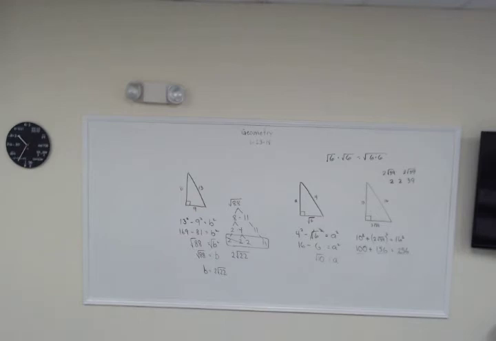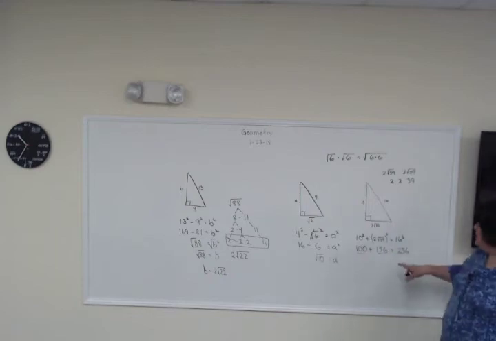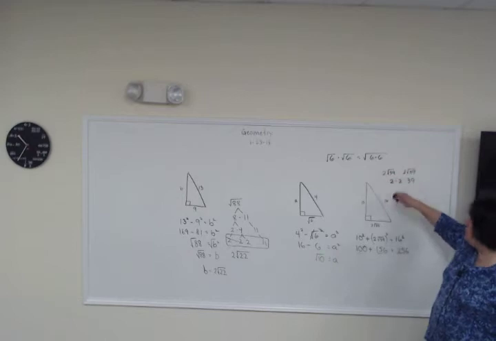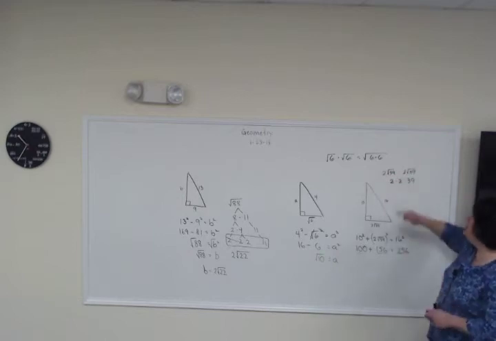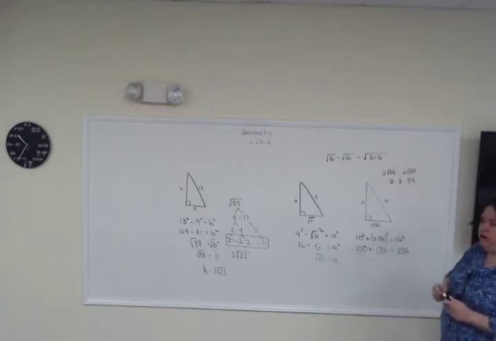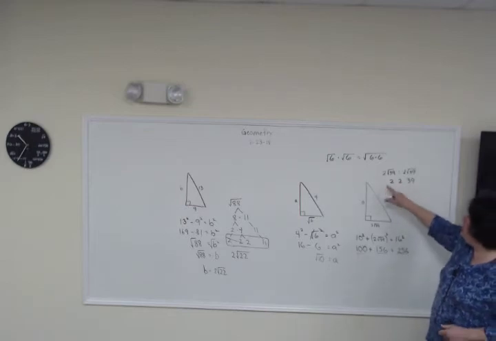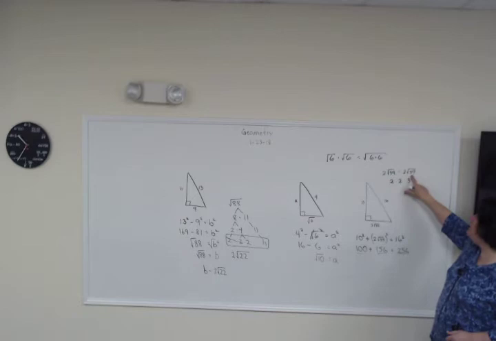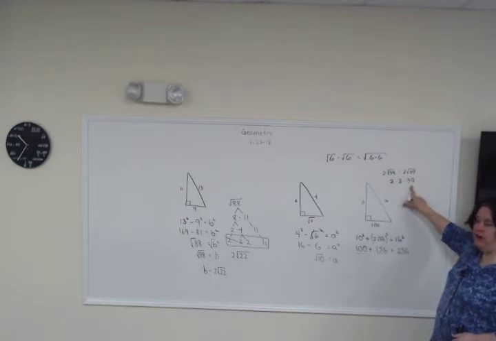What? 2 times 2 times 39. Okay, let's take a look at this. That'd be 556. No, because look at this. 2 times the square root of 39 is 2 times the square root of 39 times 2 times the square root of 39, right? So this is 2 times 2, and then the square root of 39 times the square root of 39 is 39, right?